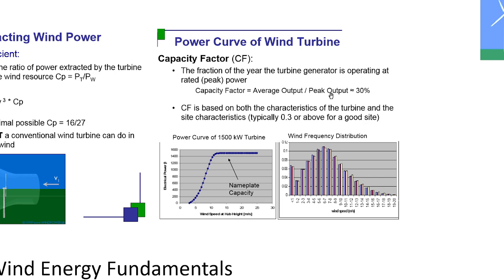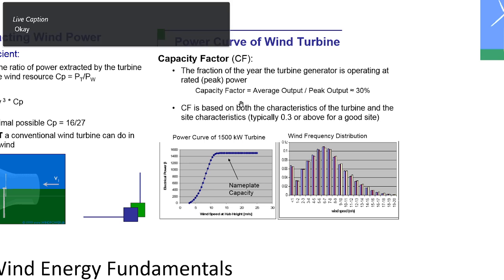The denominator is, assuming that the wind turbine would have worked 8,760 hours at the rated capacity, then what would have been the output. That is the denominator. This is called capacity utilization factor or capacity factor.